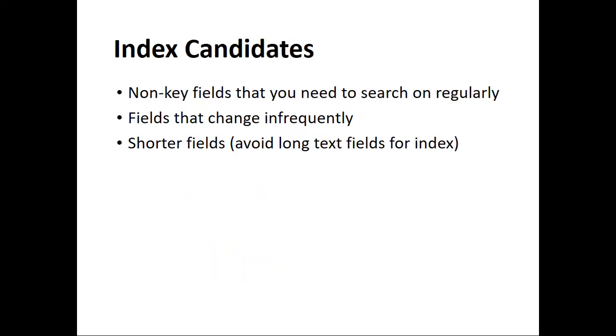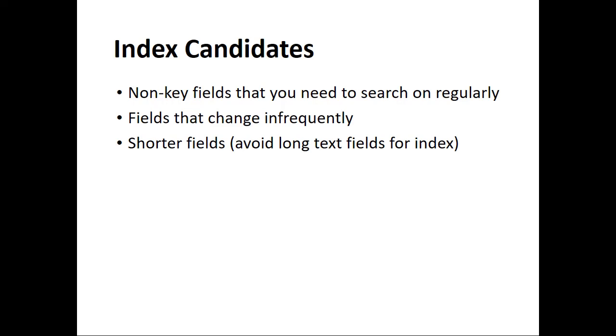So what would make a good index candidate, meaning a field that would make sense to use as an index? Well, I would say non-key fields that you need to search on regularly. Next, fields that change infrequently. We don't want to have an index of a field that will be frequently changing, like, say, age, which if you're storing that in the database, that would have to increase every year, right?